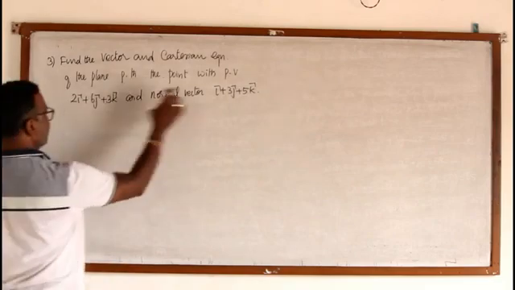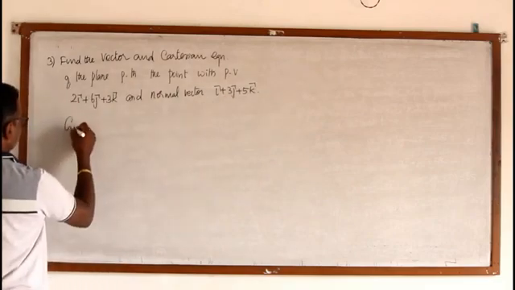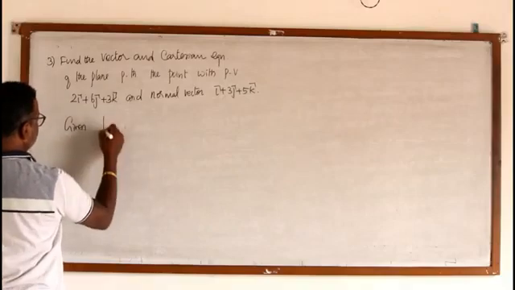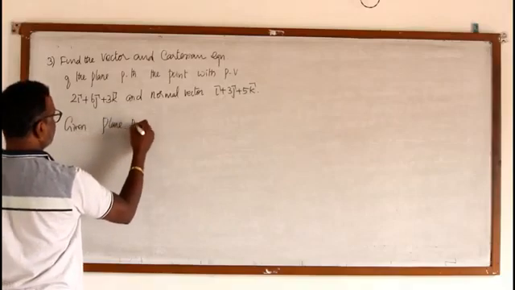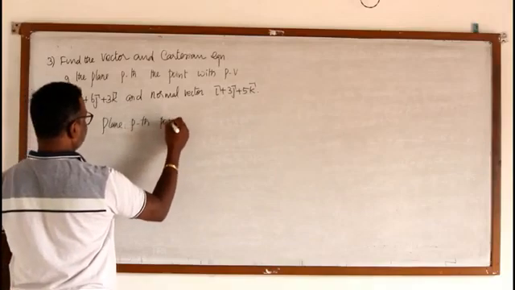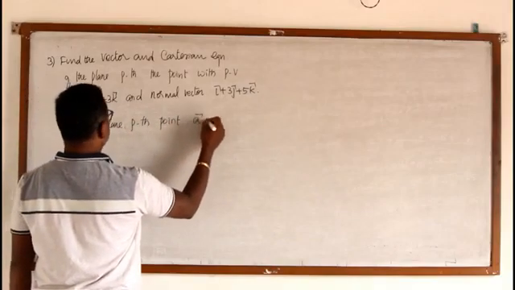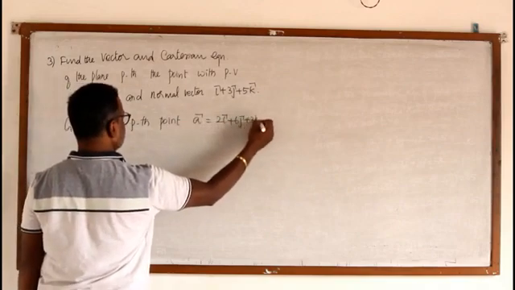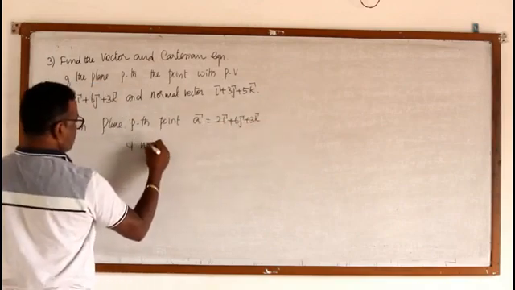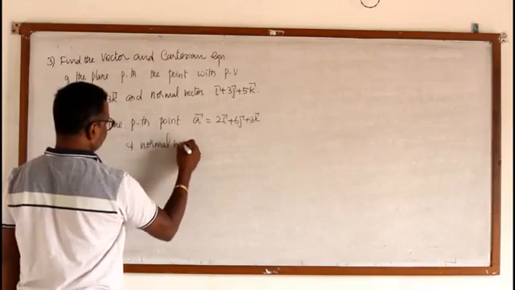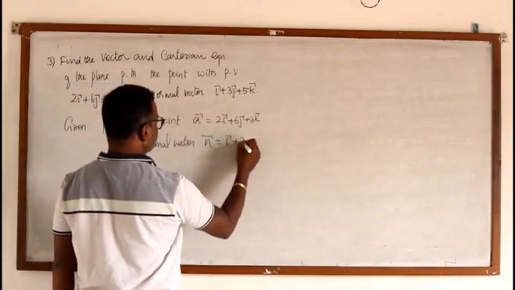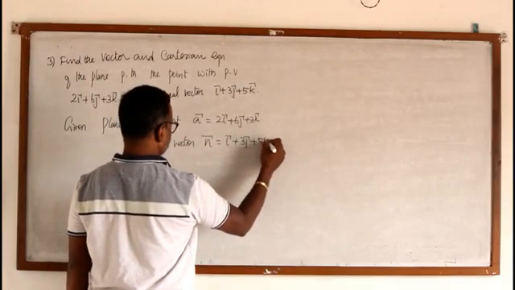So, one point and one normal vector is given. So, the plane passes through point A vector equal to 2i plus 6j plus 3k and normal vector n vector is i plus 3j plus 5k.